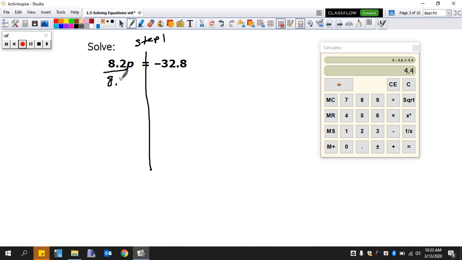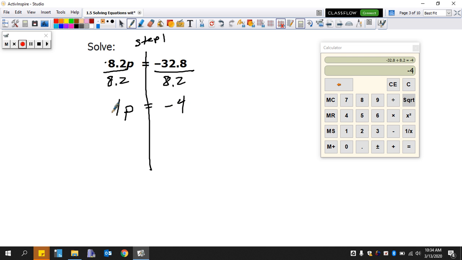So we're going to divide both sides by 8.2. 8.2 divided by 8.2 is 1 times p is equal to, and so then we have negative 32.8, make it a negative, and then we're going to divide by 8.2, and we end up with an answer of negative 4.